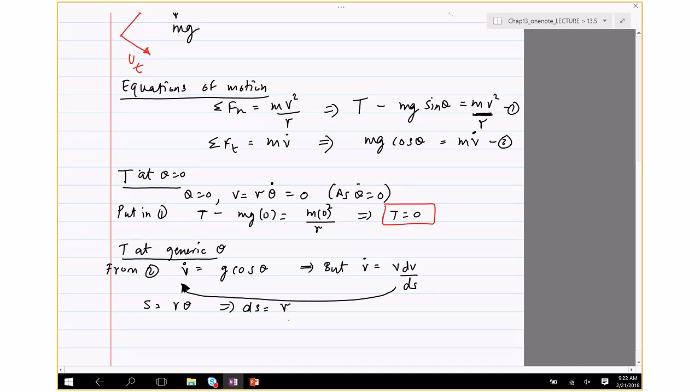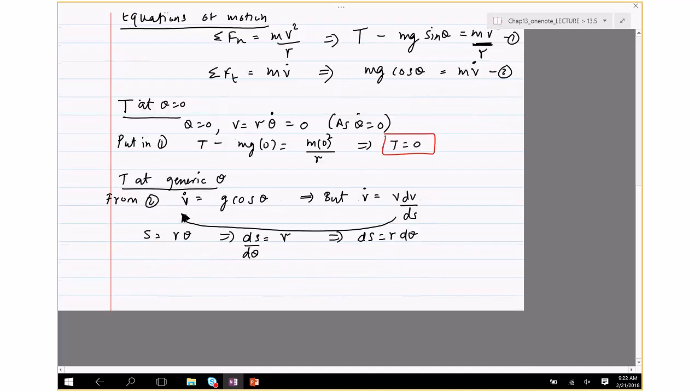I can do ds d theta, that's simply r, which means that ds is r d theta. So I can use this in this expression to write v dot is v dv ds, which is v dv r d theta. So this is v divided by r, dv d theta.